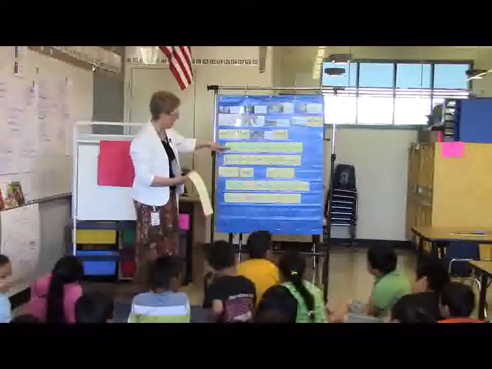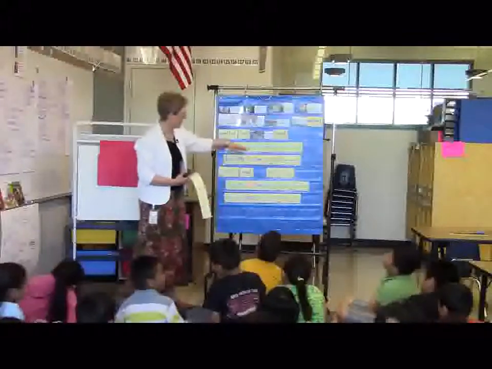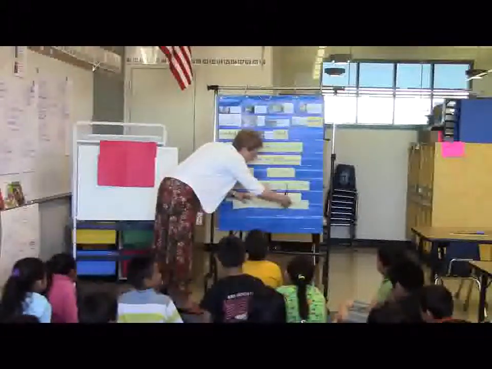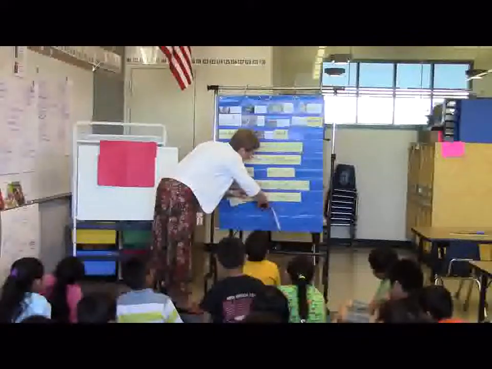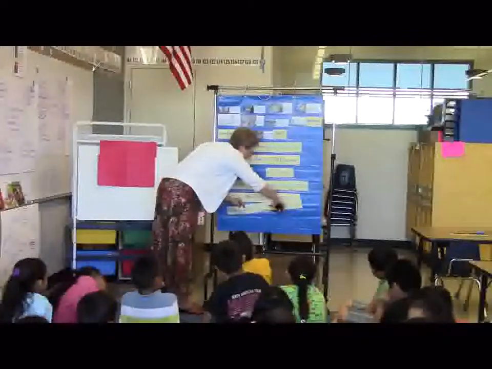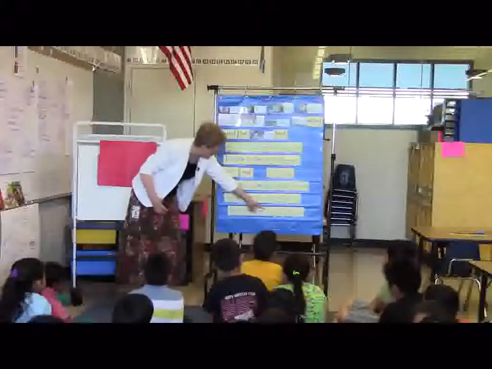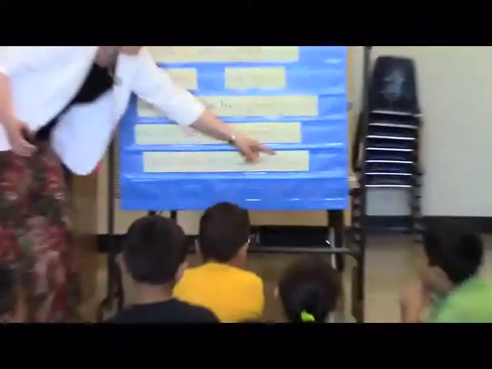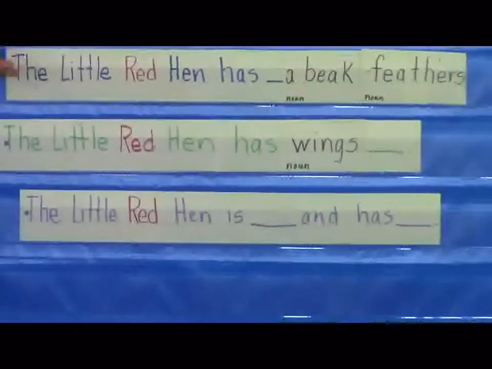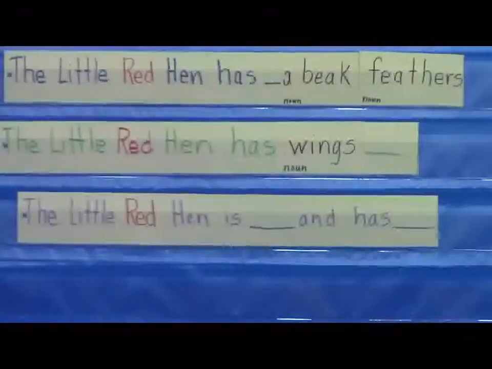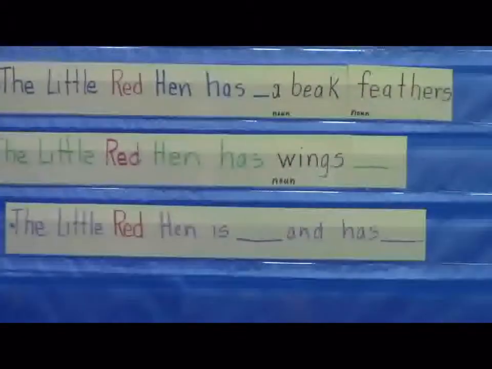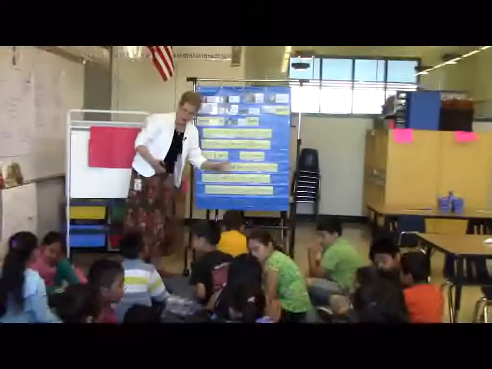You could say, everybody ask, what does a little red hen look like? The little red hen is red and has feathers. Awesome. With your same partner, I want you to practice that. Somebody will ask the question and then give the response and then switch.